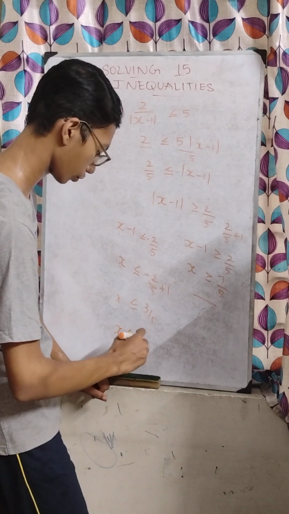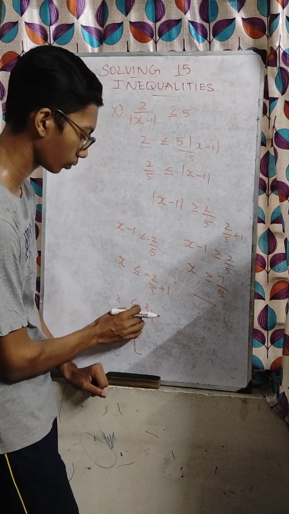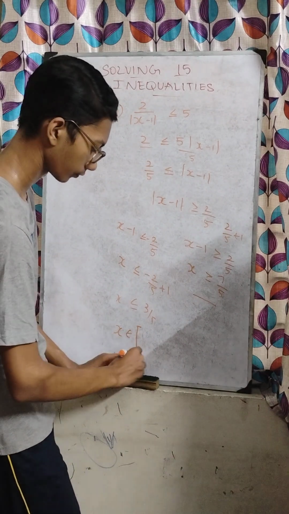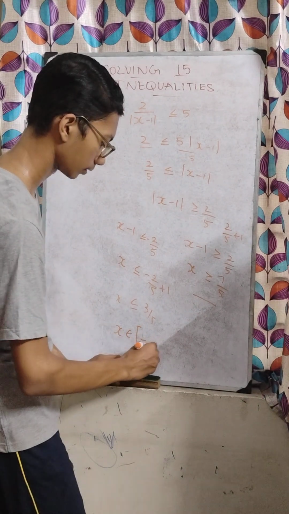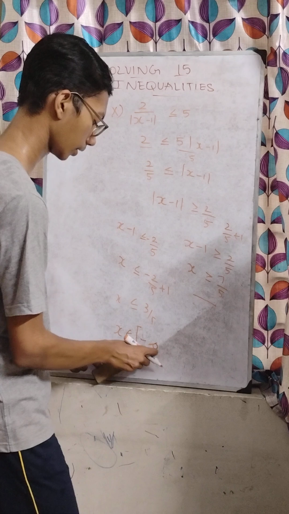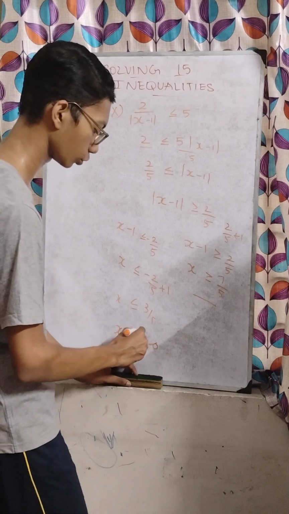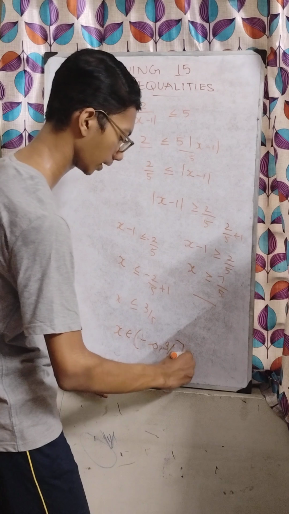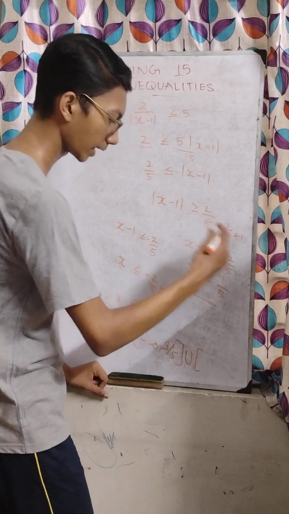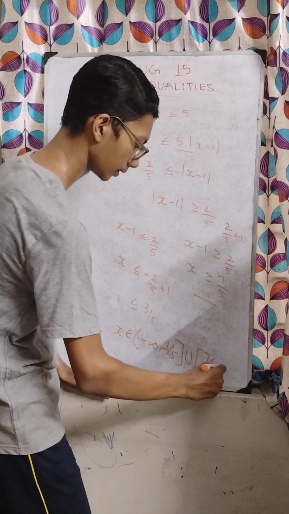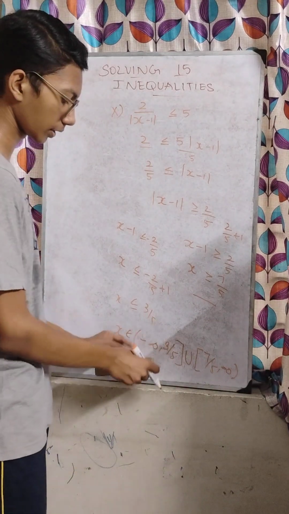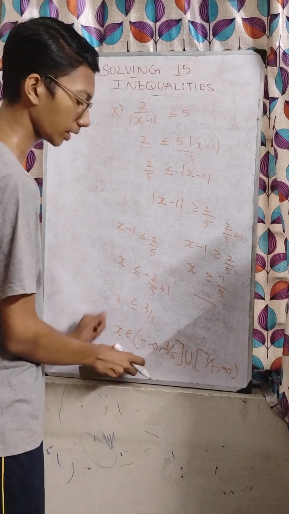Since we have an equality sign, we need to use the closed bracket, but at infinity we use the open bracket. So x belongs to minus infinity to 3 by 5, union 7 by 5 to infinity.